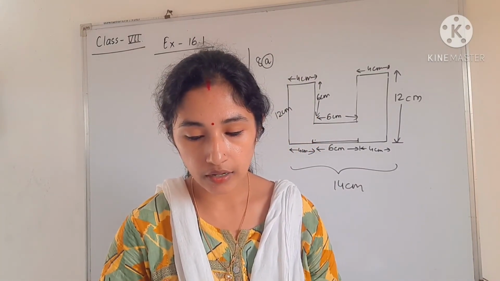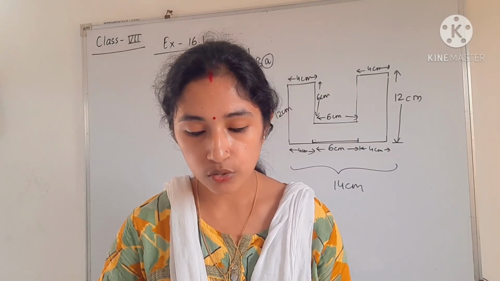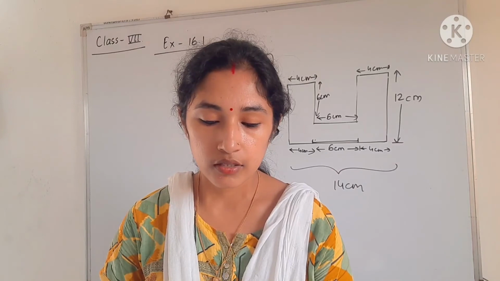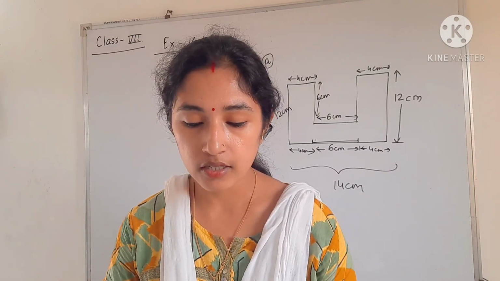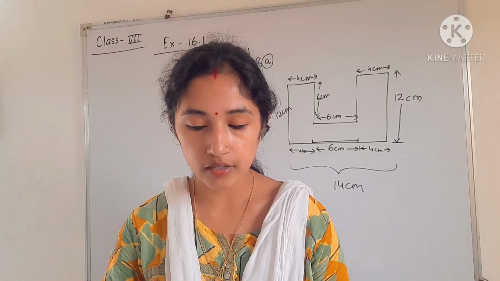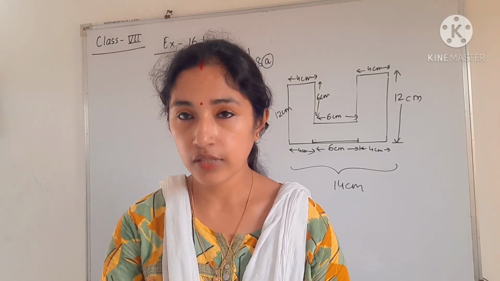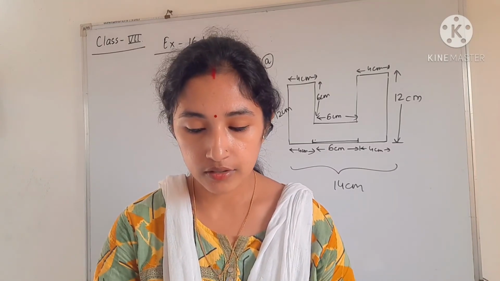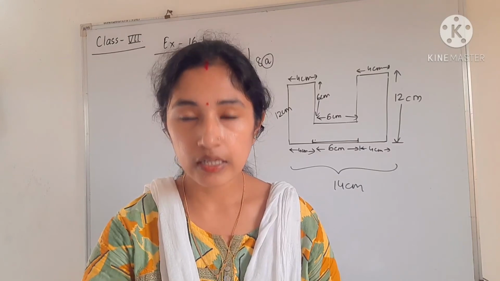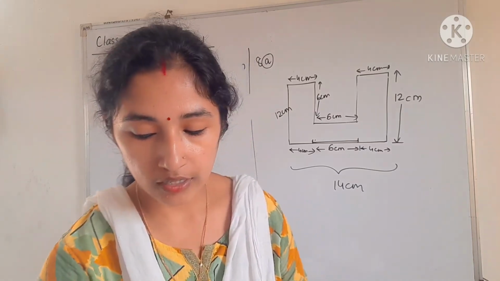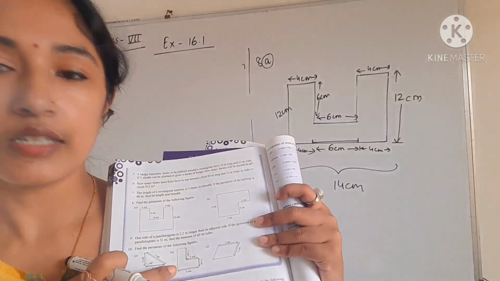Next is number 10, which is also the same. You will also be able to do this one. In the first one a right angle triangle is given and the sides are given. So just add all the sides, 5 plus 3 plus 4, and you will get the perimeter of the triangle. Similarly in part B you can easily find the length which is not mentioned here.